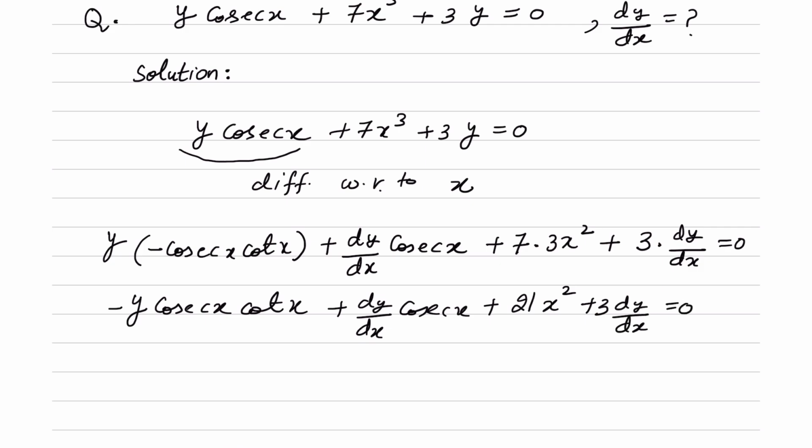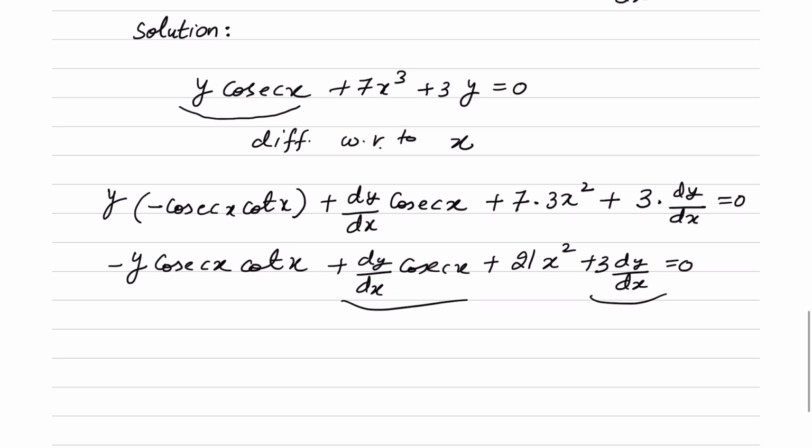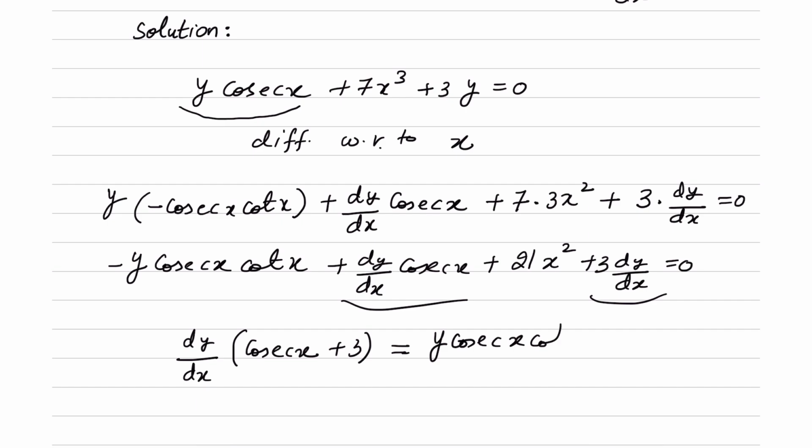Since we have to find dy by dx, we will combine the terms having dy by dx in it, which gives us dy by dx is common and we have cosecant x plus 3. And the terms which don't have dy by dx, we will take those terms on another side. So we have y cosecant x cot x minus 21x square.